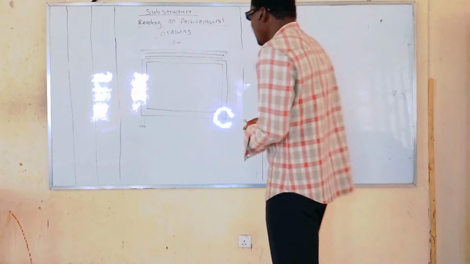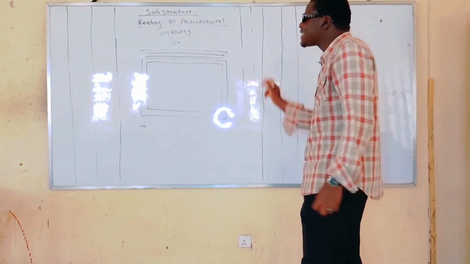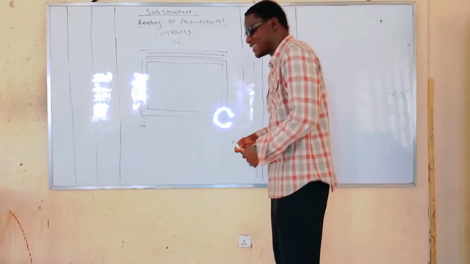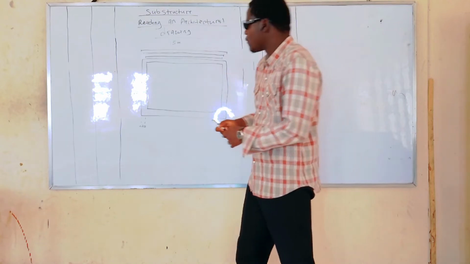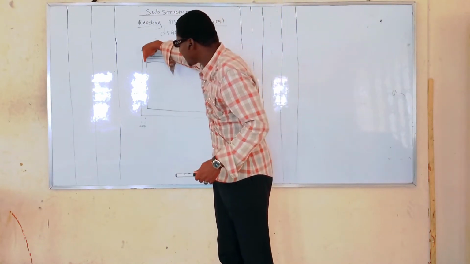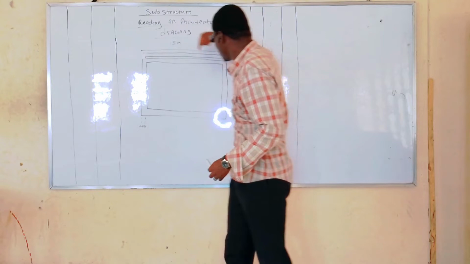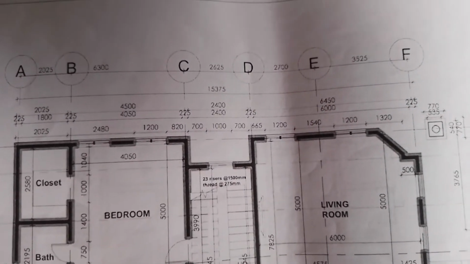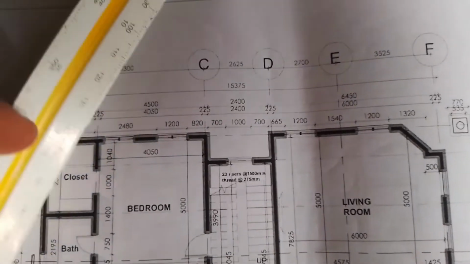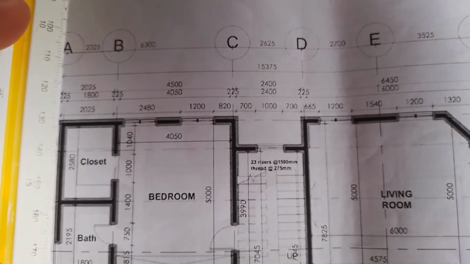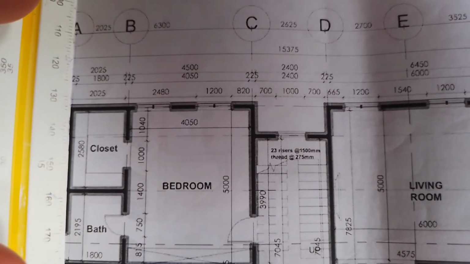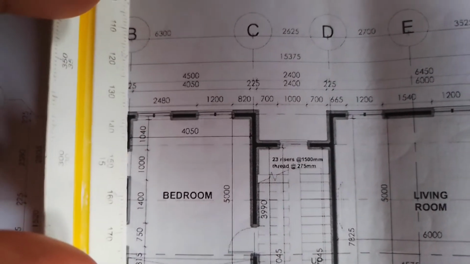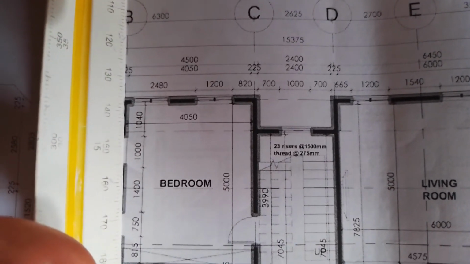Now the center to center dimension is the length from one center, this center like this, to another center. A practical example of center to center is this dimension. You can see it is taken from the center of this block to another center.